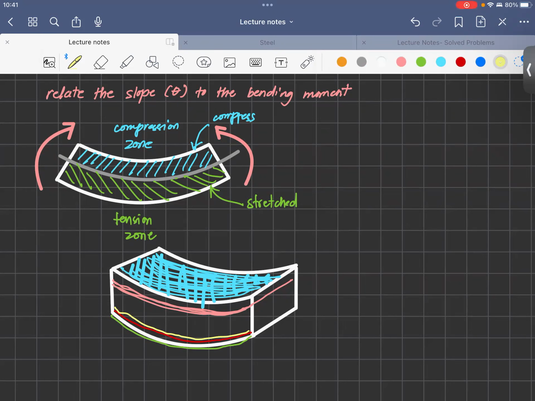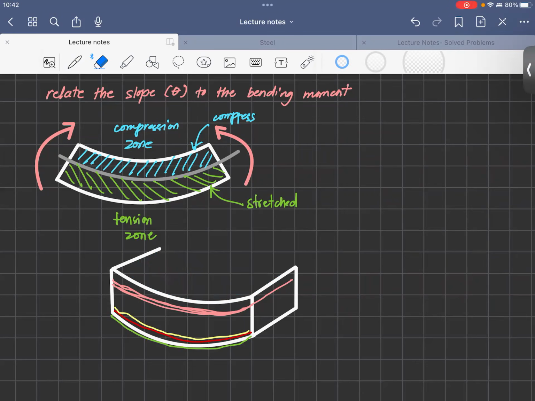Therefore, there's actually a portion on the beam wherein the original length of the member doesn't change. That is what we call the neutral surface.